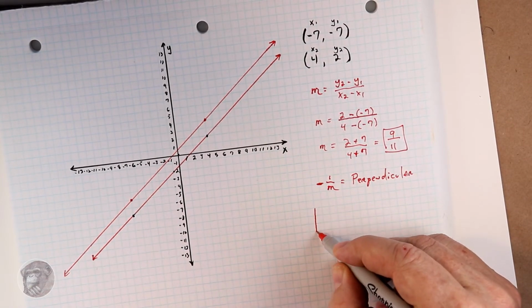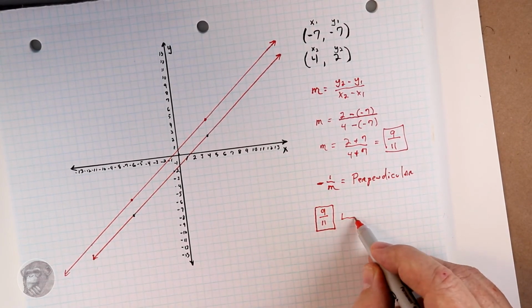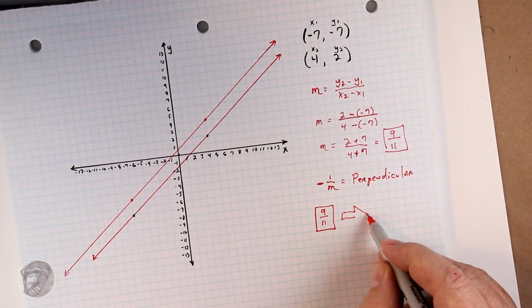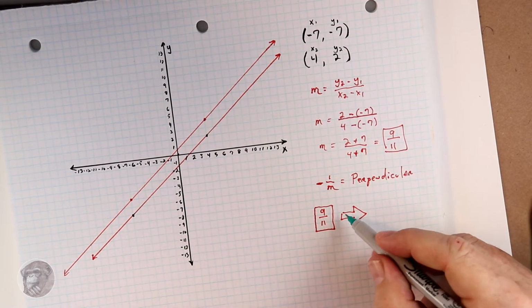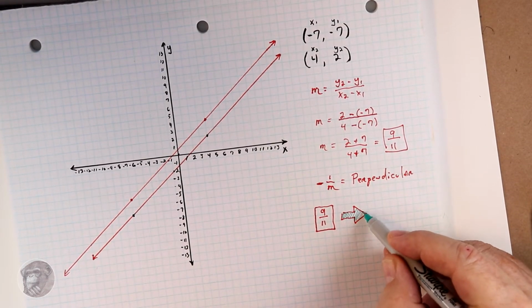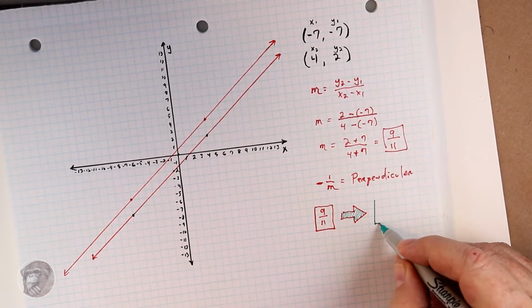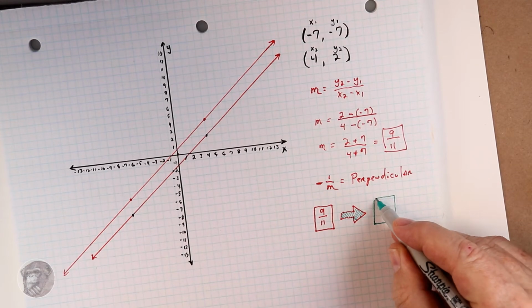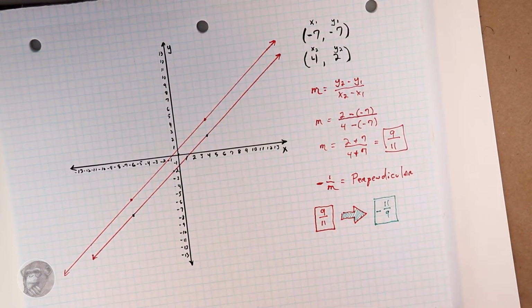Let's do it like a little machine. We start off with the box and we put a 9 over 11. I'm going to draw a little arrow just to show a process. Let's change color to, I think this is purple. And that's going to go to -11/9.